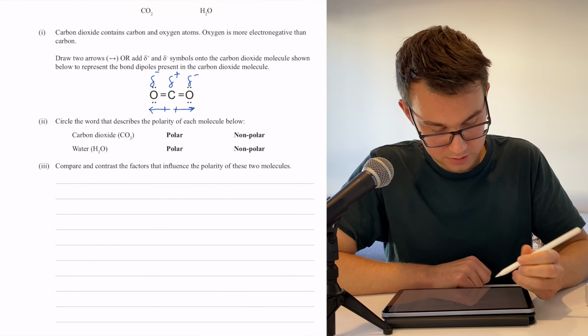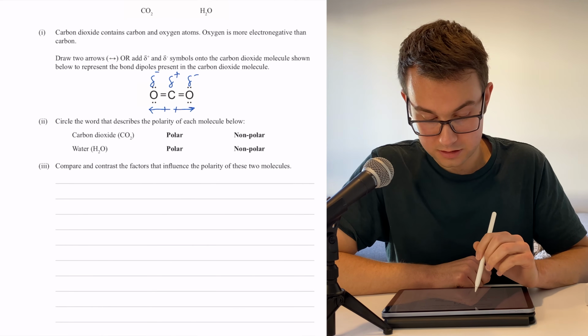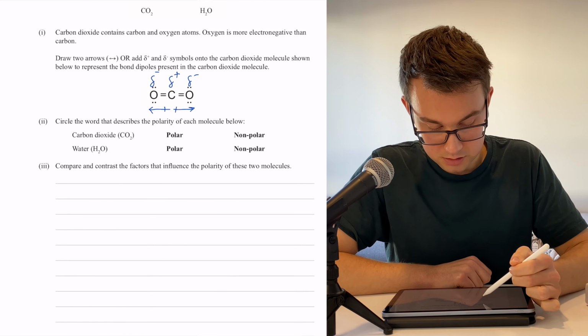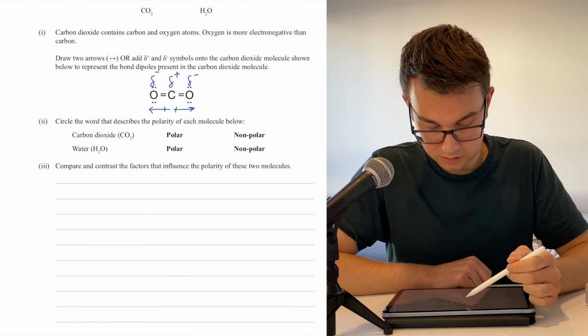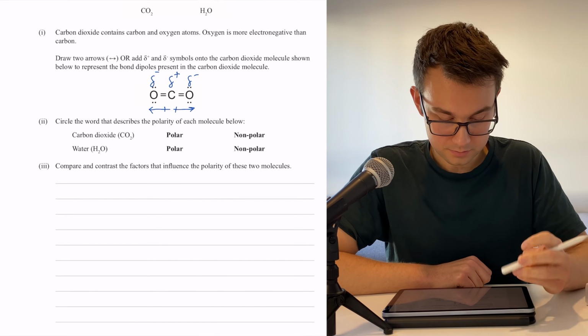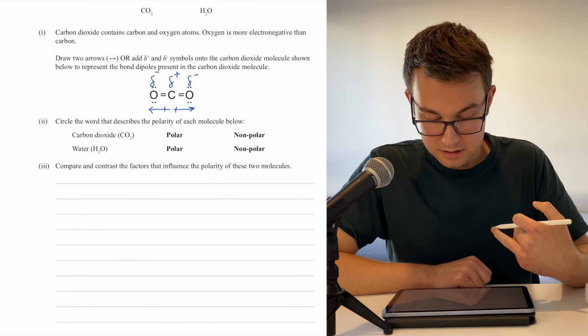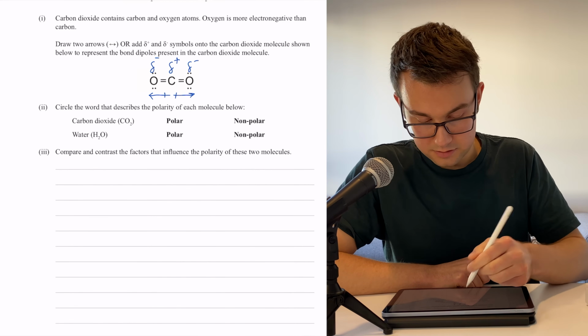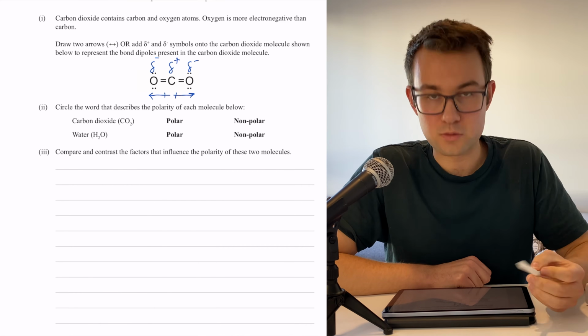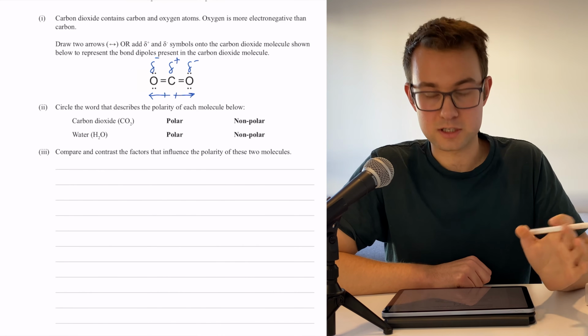Pretty simple so far. So we need to now circle the word that describes the polarity of each molecule. So CO2, which we just looked at here, is it polar or non-polar? And then also water. So we're going to circle it and then explain the answer.